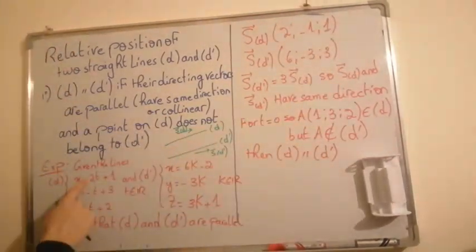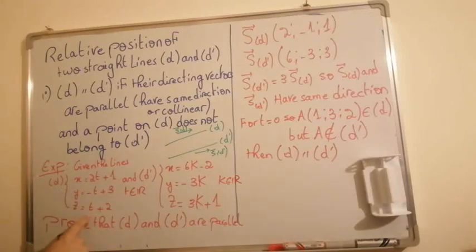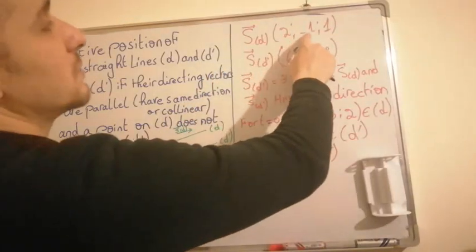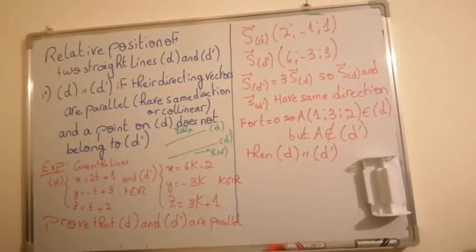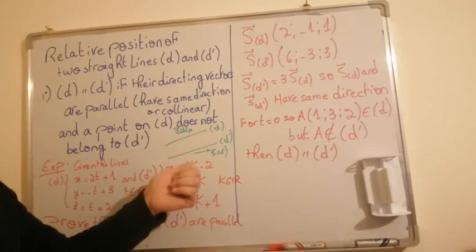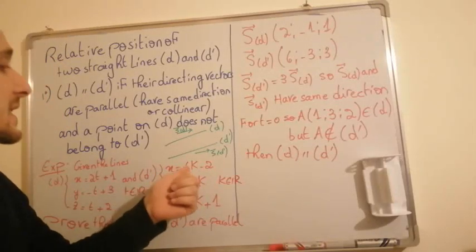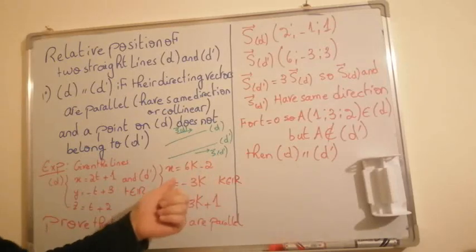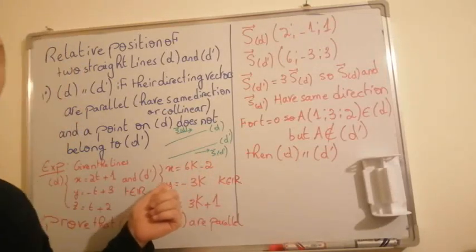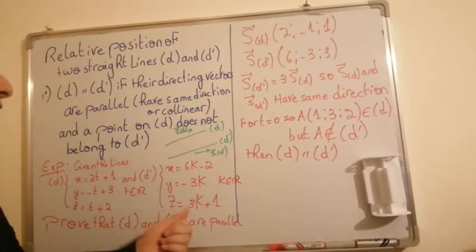We look at the coefficient of t in x, y, and z. So S_D is (2, -1, 1). D prime is a straight line of equation x equals 6k minus 2, y equals minus 3k, and z equals 3k plus 1.